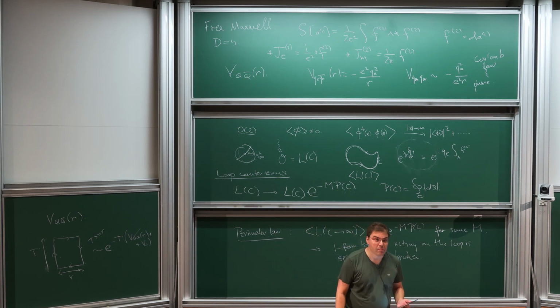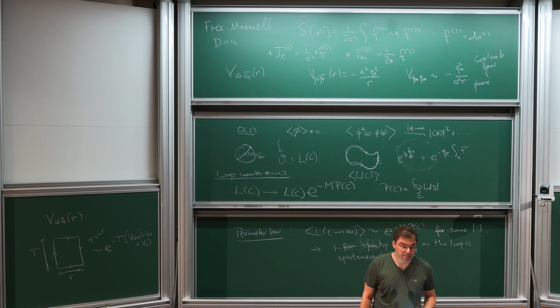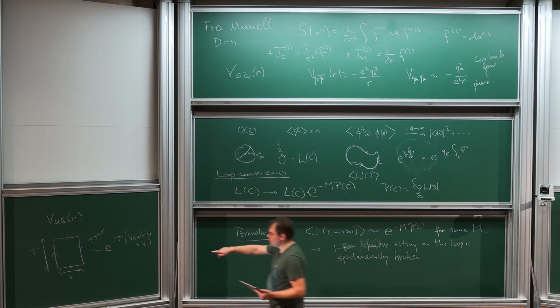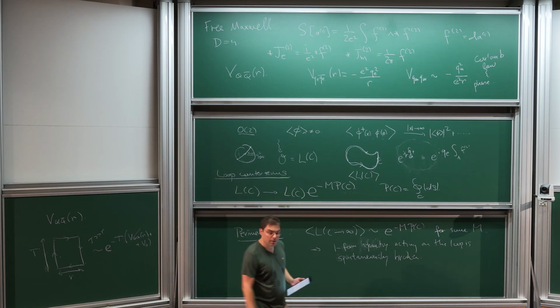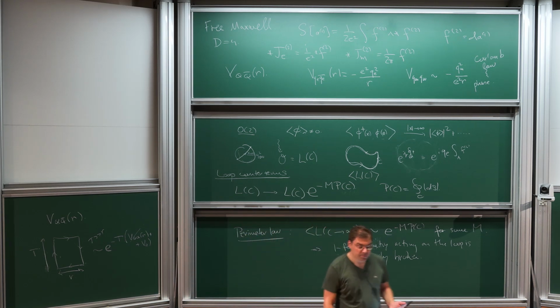If the potential grows faster than perimeter, linear is an example, but there are many functions, then the symmetry is unbroken. So from the point of view of the potential, anything that beats this constant, anything that grows at infinity, is unbroken symmetry. Can we break only one of the U(1) one-form symmetries?